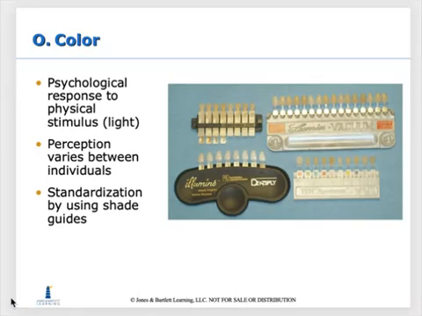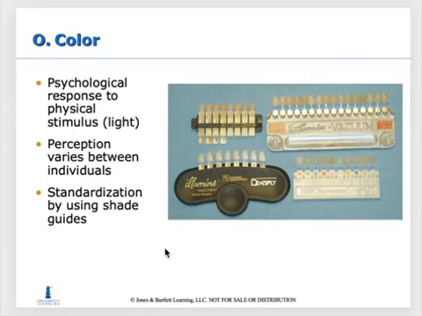But keep in mind that teeth have a polychromatic trait. What that means is that it looks different at the incisal third compared to the gingival third, right? Our gingival third is going to be more opaque, and then it's going to be more translucent near the incisal edge.